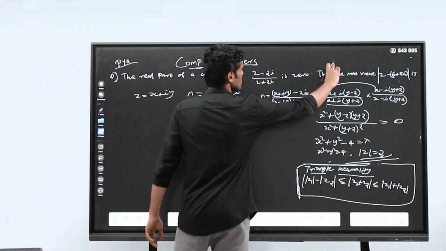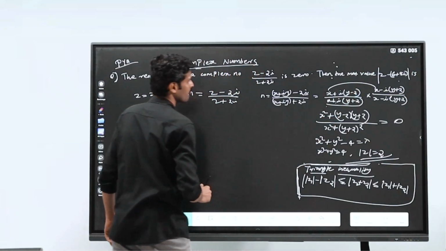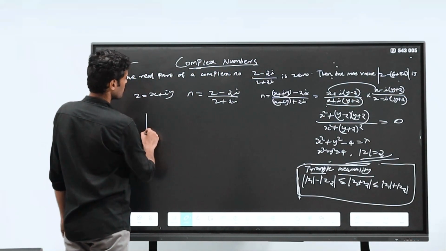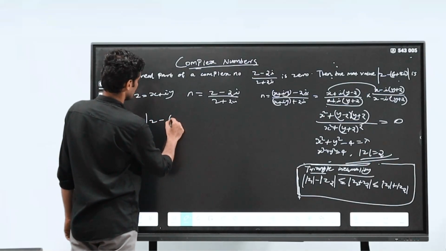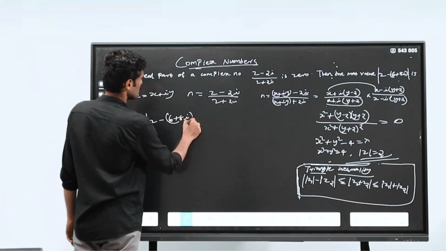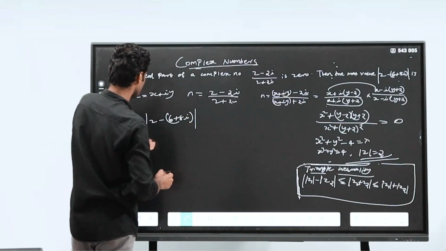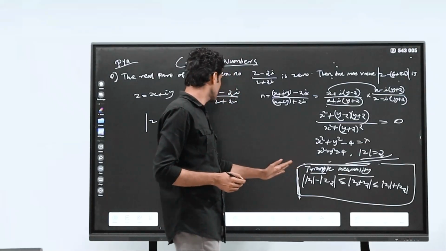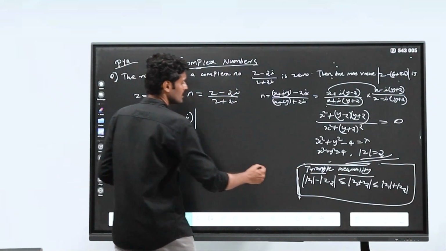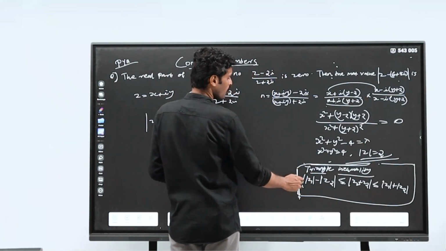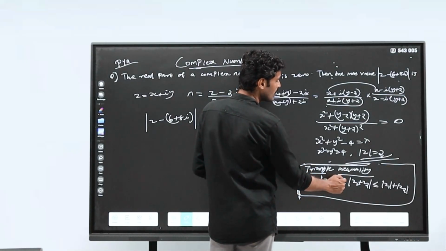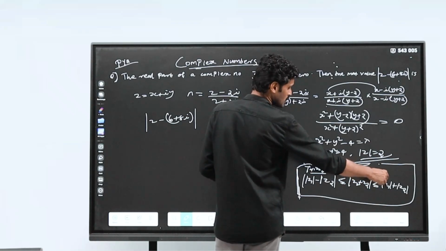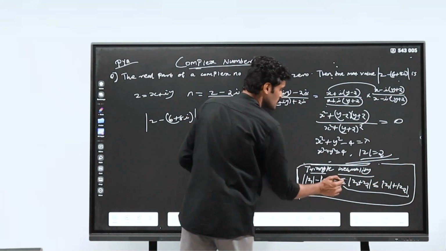Then we are moving to the next part of the question. Find the value of |z − 6 + 8i|. We can use the triangle inequality right here. We know the triangle inequality: ||z1| − |z2|| is less than or equal to |z1 + z2| is less than or equal to |z1| + |z2|. We can use this part.